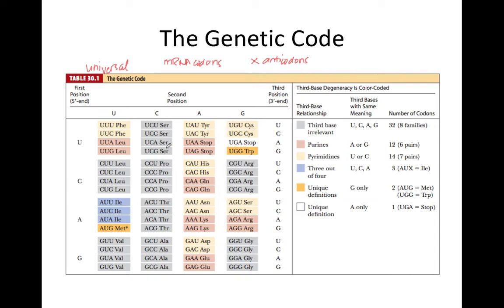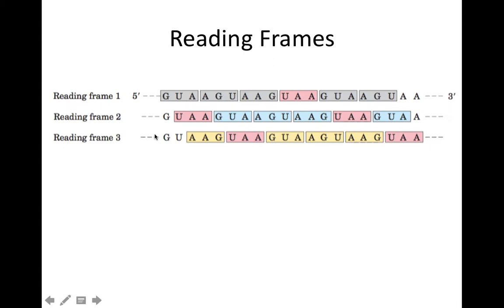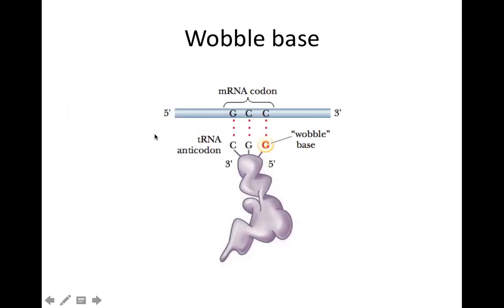So, if you will see in this section here, the ones highlighted in gray, the third base does not contribute much to the difference in your amino acids, such that UCU, UCC, UCA, and UCG all encode for serine. So this is the part where we say that we have a wobble base.